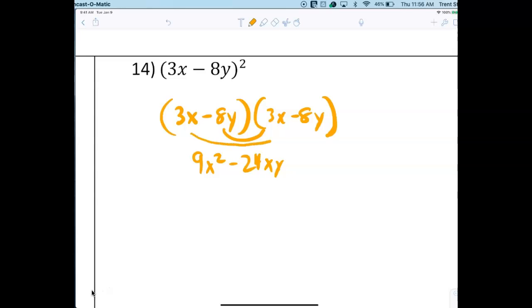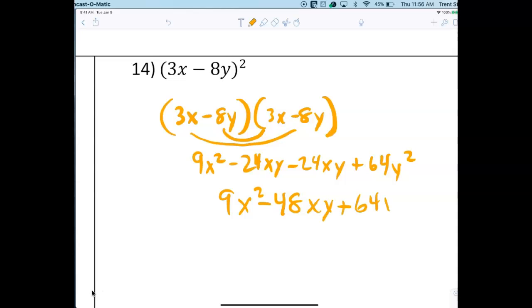Second smiley face. And then finally, positive 64y squared. So now, same final answer. Easy, easy, easy. Do we agree? Just like yesterday.